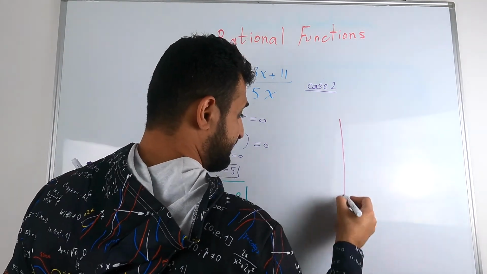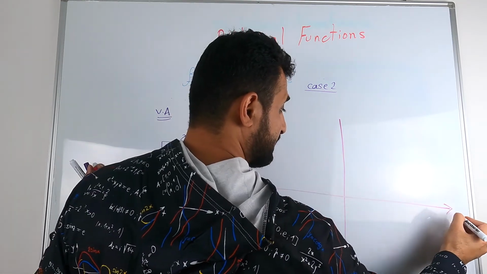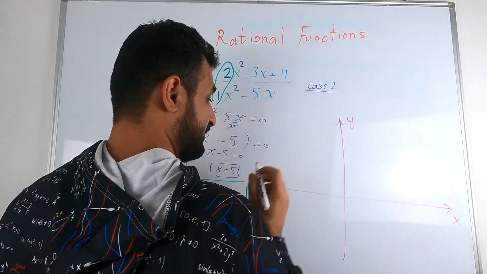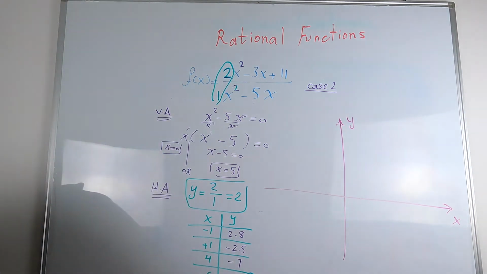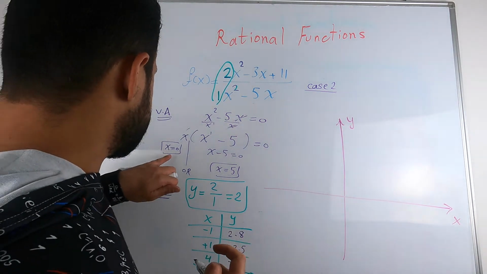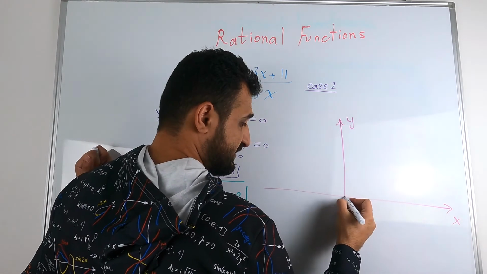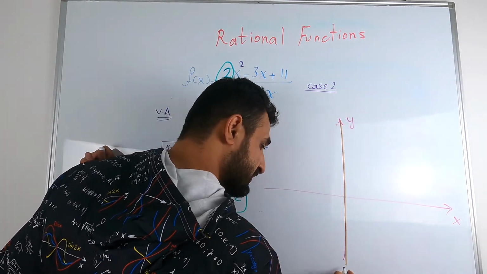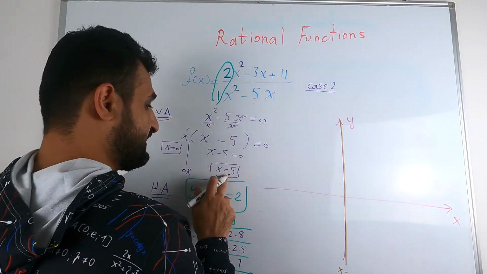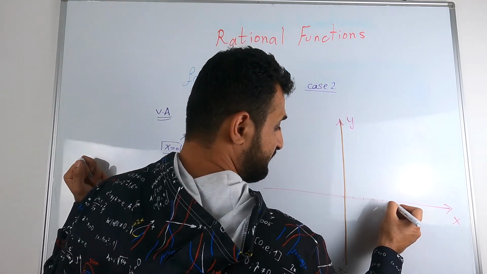Now let's graph x and y. Now, I will start with the asymptotes. What are my asymptotes? I have x equals 0, so this is x and this is 0, so it's vertical. And x is 5. 1, 2, 3, 4, 5.